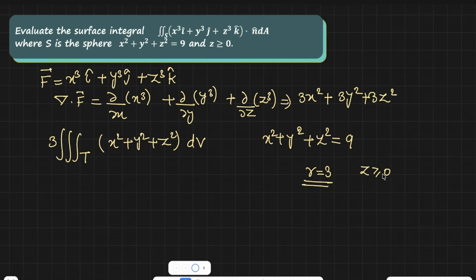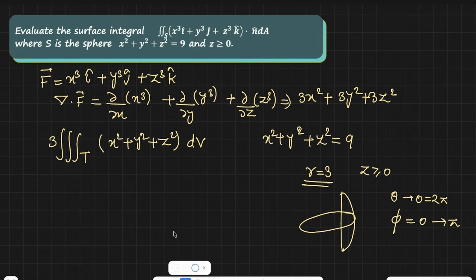It means it is a hemisphere, not a full sphere. The full sphere is like this, in which theta will be from 0 to 2 pi and phi from 0 to pi. But if it is a hemisphere, this portion is not there.